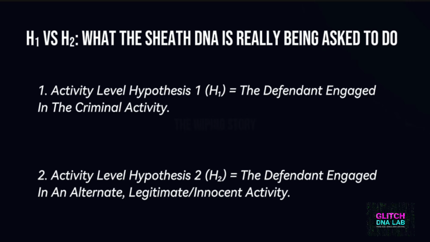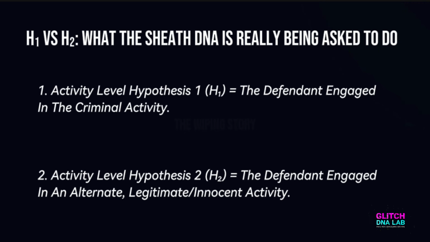Modern guidance from NIST, the European Network of Forensic Science Institutes, the International Society for Forensic Genetics, and ISO, and a few other standard organizations all roughly say the same thing. Source level statistics do not automatically answer activity level questions.